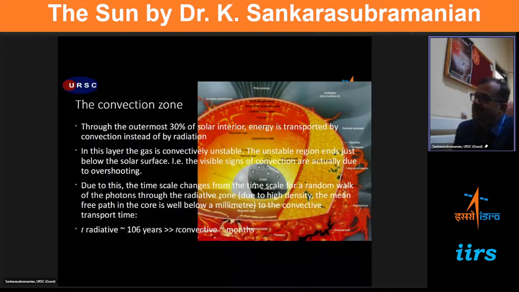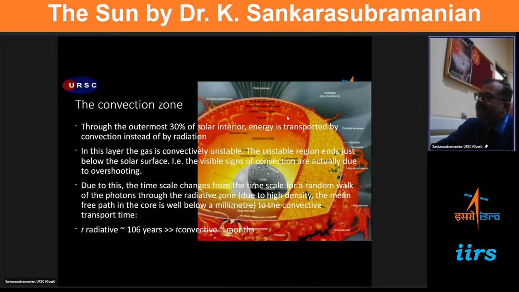Then, of course, we have the radiation zone, and the next important interactions happen in the convection zone. This convection zone is in the outermost 30% of the solar interior. In this place, convection sets in, and the energy is transferred to the surface through convection cells.